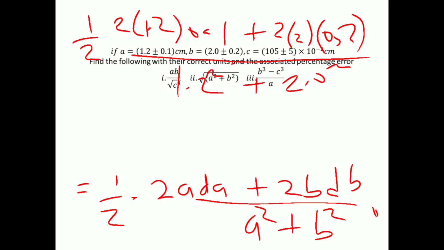Okay, so I have half, and multiplied by 2 into 1.2 times 0.1, and plus 2 into 2, then times 0.2.